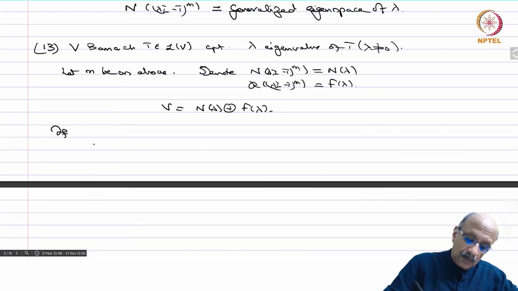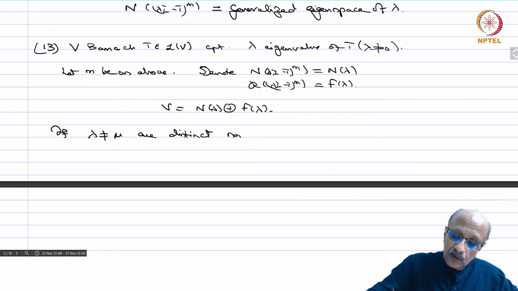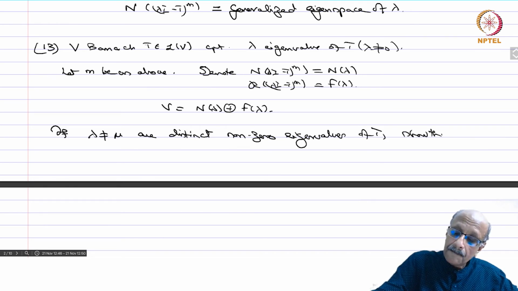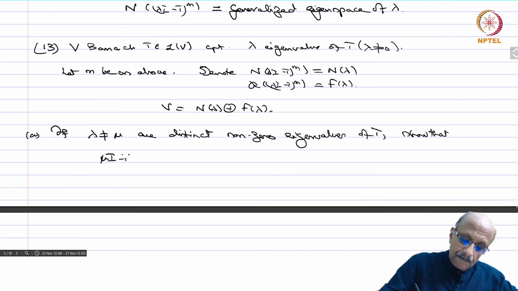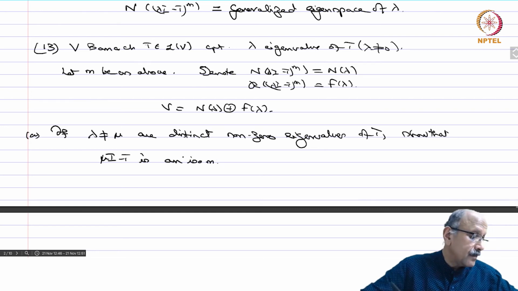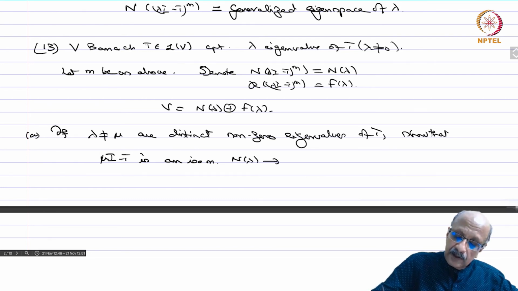If lambda not equal to mu are distinct non-zero eigenvalues of T, show that A, mu I minus T is an isomorphism N(lambda) to N(lambda).